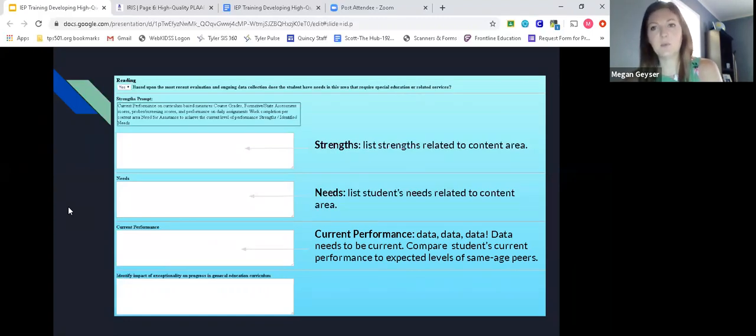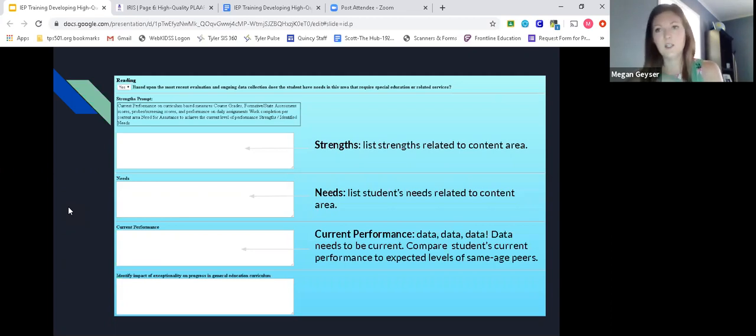Sometimes I feel like I repeat myself often in the PLAAF, because the current performance, in my opinion, is where I put the bulk of all the data I completed. I'm very detailed. I explain things, maybe over-explain things, but remember, I really want to pass that stranger test, ensuring that the parents, educational advocates, anybody that sees this IEP for the student understands and is clear what they're working on, what their level is, where their deficits are, what their strengths are, and the goal.